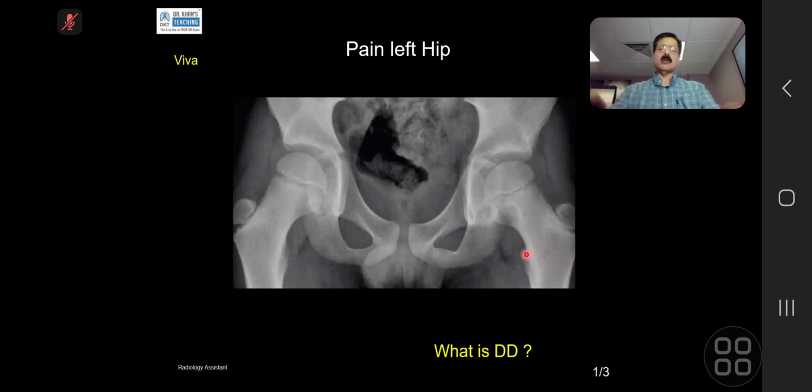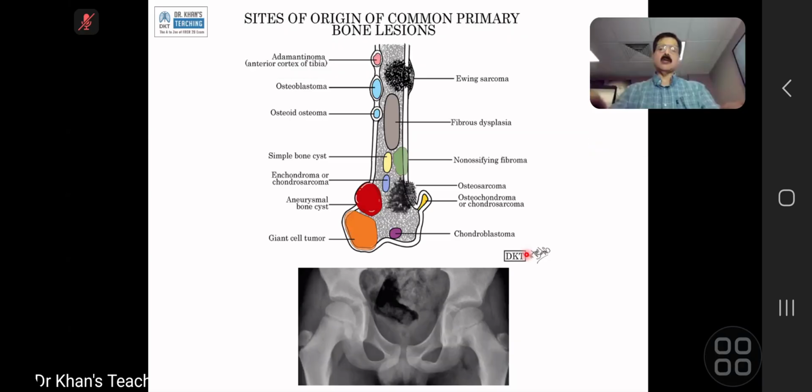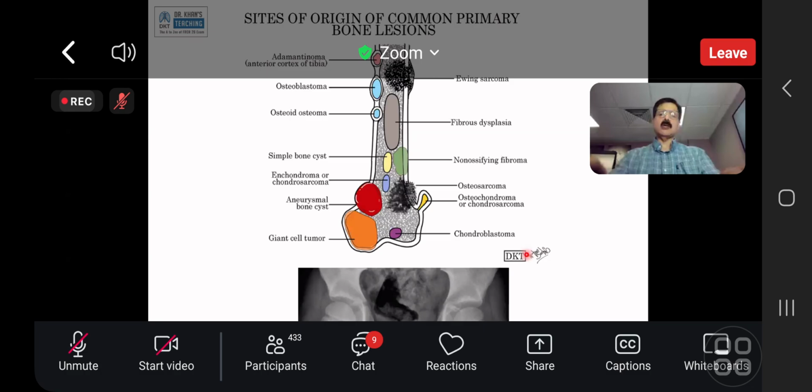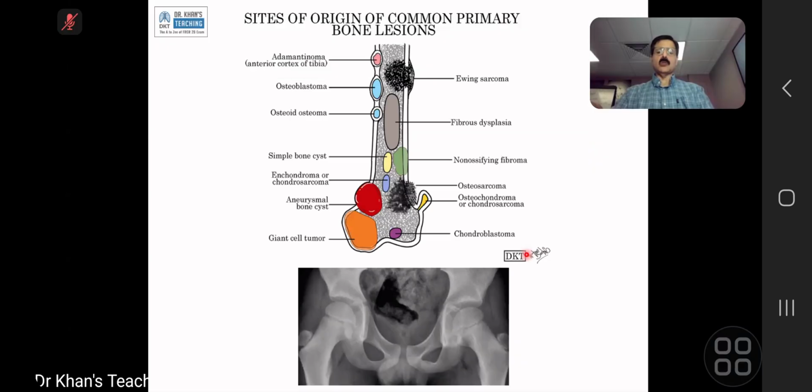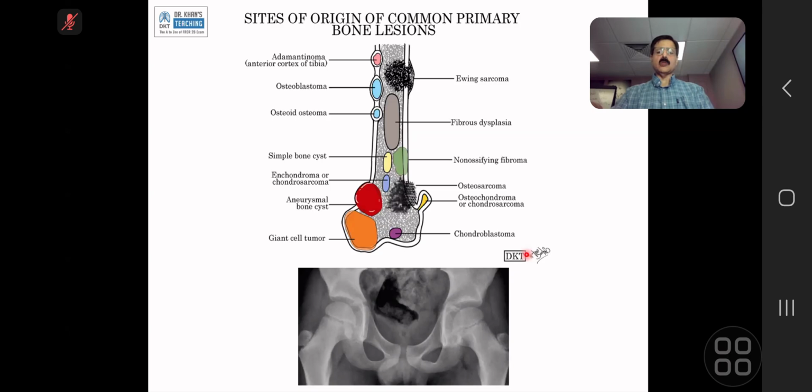What will you do? I'll do an ultrasound. It is an emergency. You will call them. They take it very seriously, because within a day or two the joint can be destroyed. So for the relevant differential diagnosis in this case, I think you were not off the mark because you did consider ABC and non-ossifying fibroma, but because of the factors which I just discussed, both of them can be disregarded.